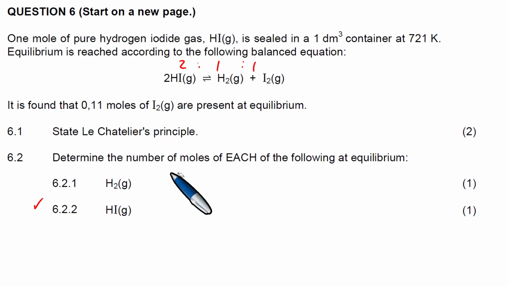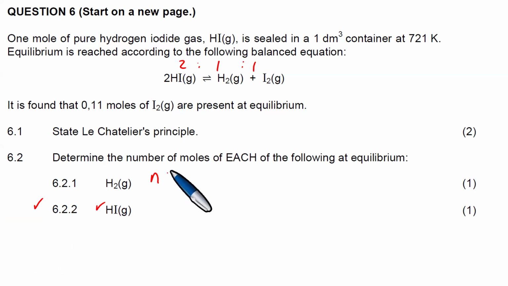At this point, you need to tell me the number of moles of each of the following at equilibrium. If you have the used and so on, how do we filter all that in? We are interested in the number of moles of each of the following at equilibrium.